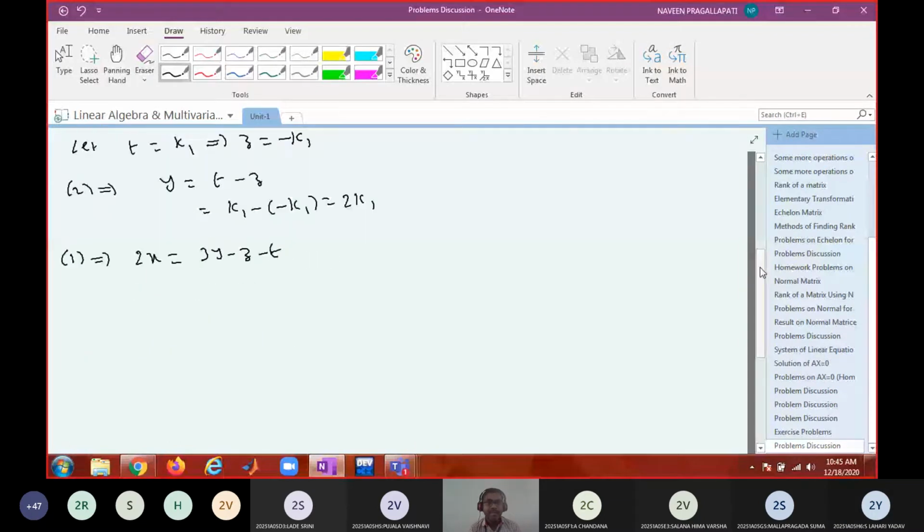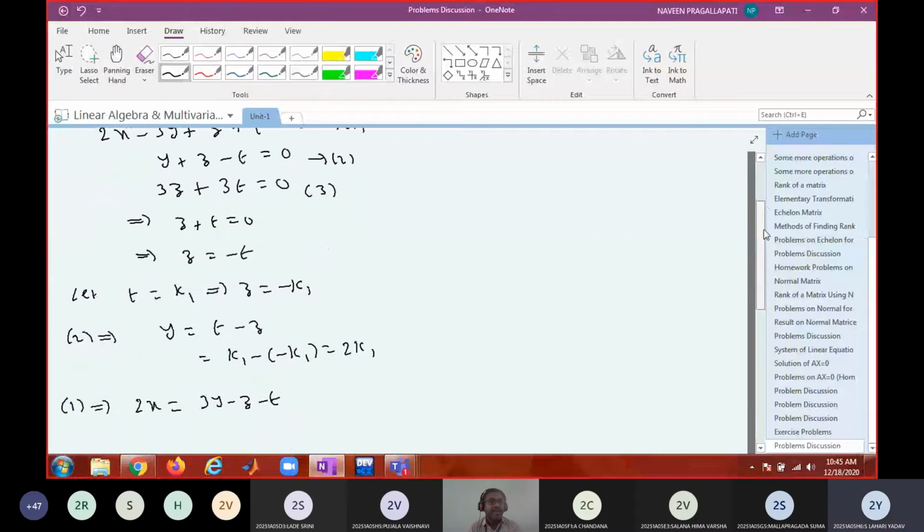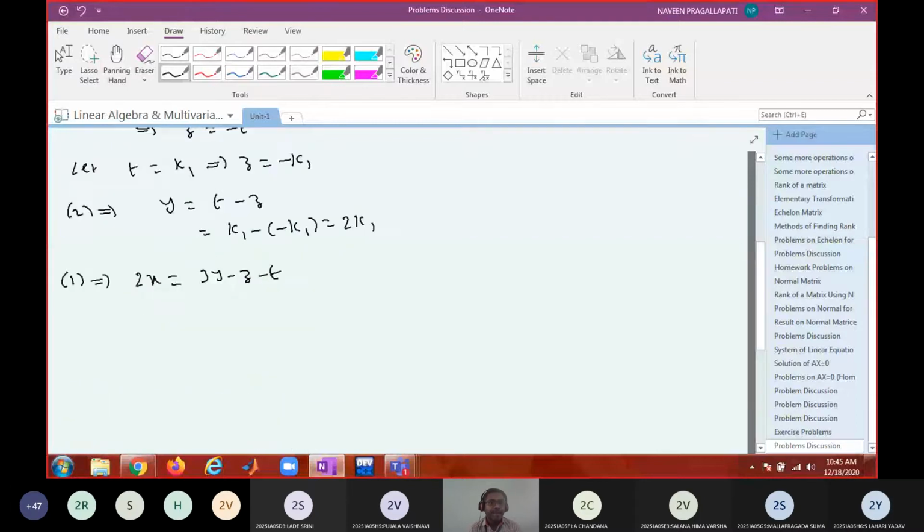What is the simplification? 2x equals 6k1 plus k1 minus k1. So x equal to 3k1. Do you agree? Am I right or wrong? Yes, sir.